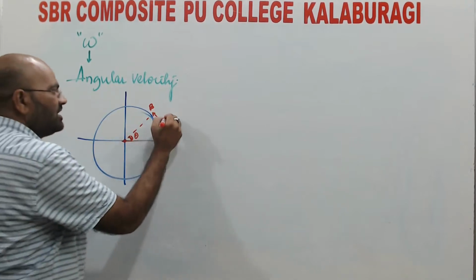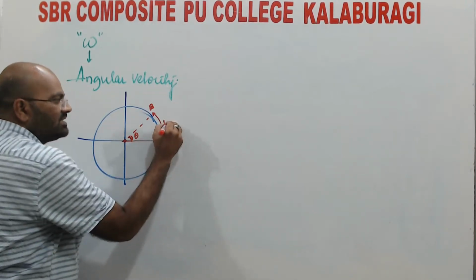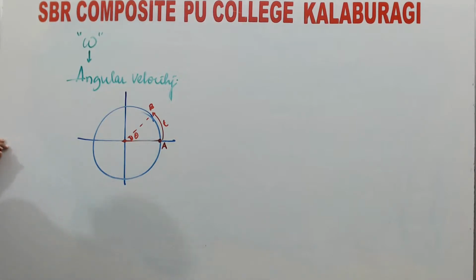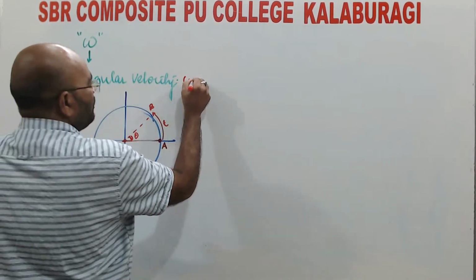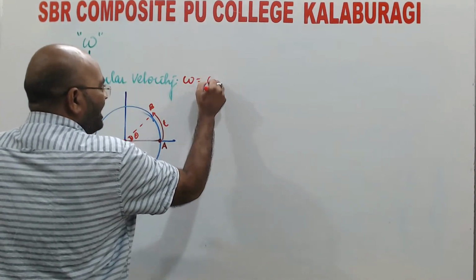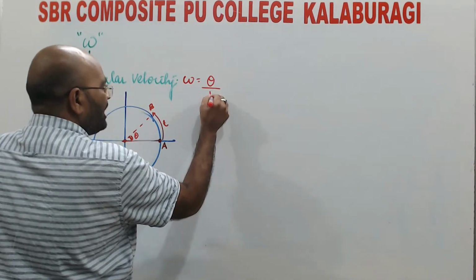The time taken to reach from point A to B is called t. Then angular velocity omega is equal to angular displacement by time taken.